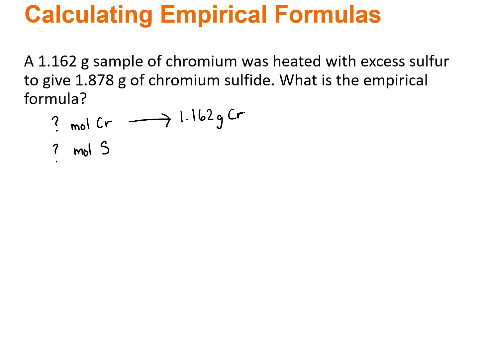That's what was heated with the sulfur. But we've got this 1.878 grams of chromium sulfide. That doesn't tell us how much sulfur we have. But if we subtract the grams of chromium from the grams of this chromium sulfide that we have, we can figure out how much sulfur.